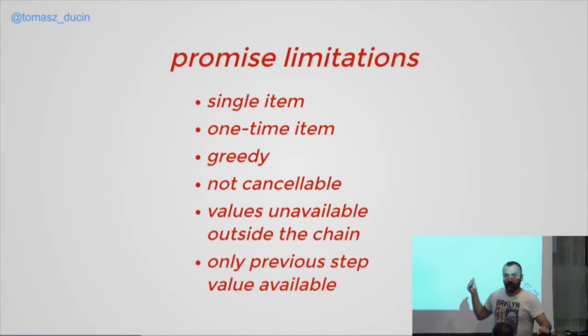And finally, a promise representing one step can be chained with other steps. The output of step n becomes the input of step n plus 1. The output of step n plus 1 becomes the input of step n plus 2, right? So we are just pushing one value to the next step.